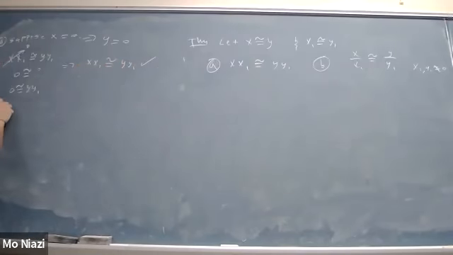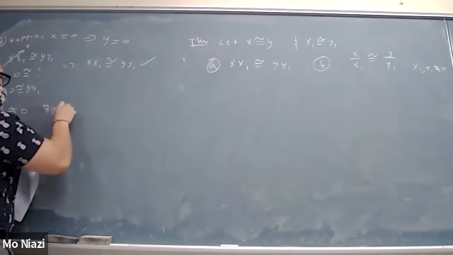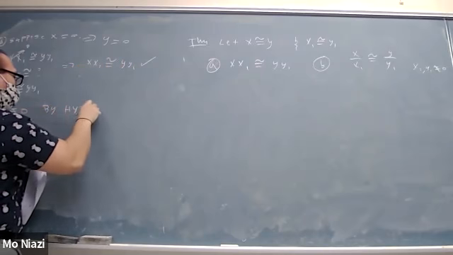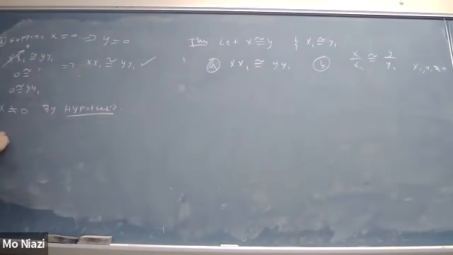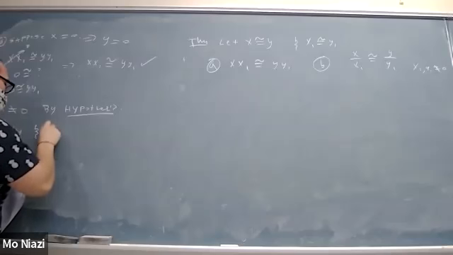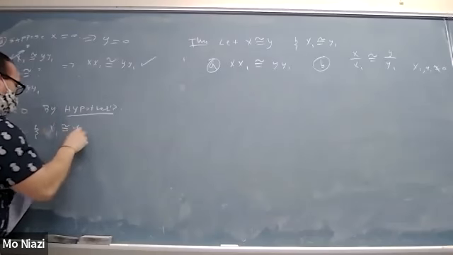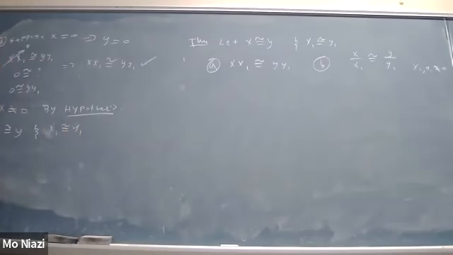So what about if x is non-zero? Which is the more interesting case, the more difficult case. By hypothesis, we have that x is approximately y, and that x1 is approximately y1. Do we not? So that means they're on the same level.